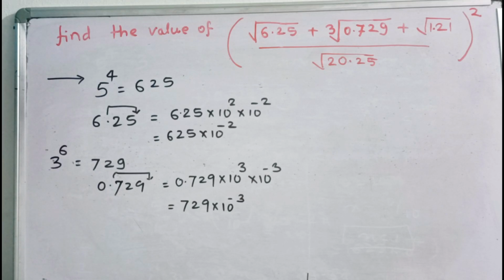Lastly, 121. 121 is, I think, 6 cube? No. 2, 7?